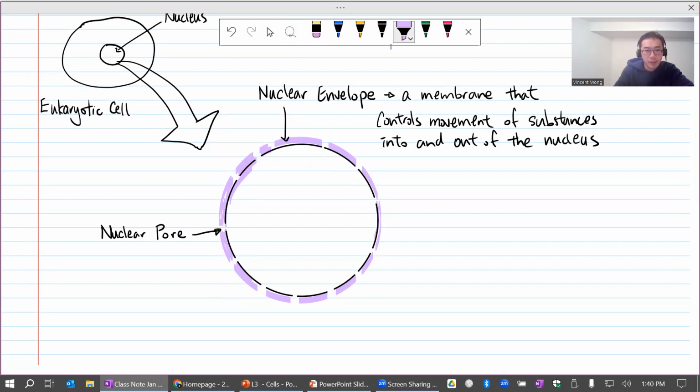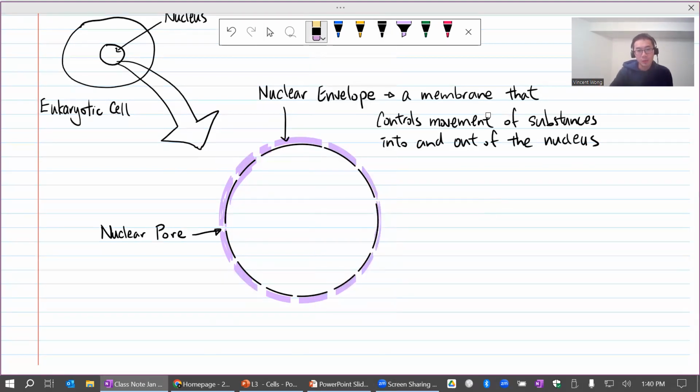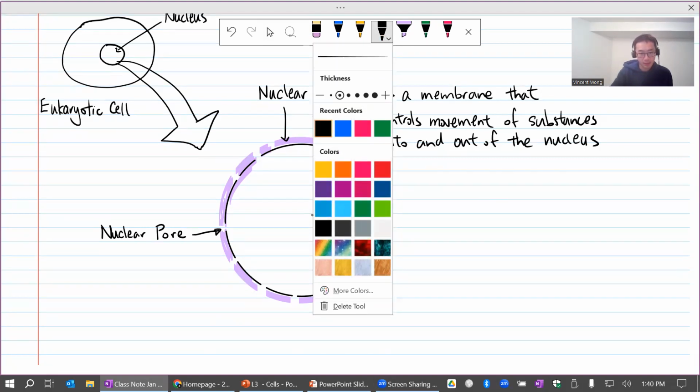So the pores are everywhere. If things want to go inside or out of the nucleus, they're gonna have to go through the pores. So things can pass through the pores and go into the nucleus. Similarly, they could leave the nucleus by squeezing through the pores. Just stop me if I'm going too fast or if you don't understand what I'm saying.